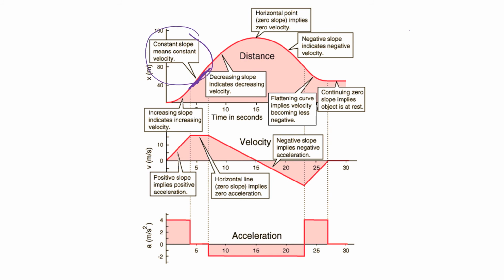So this is a constant slope. If you have a constant slope, that means your distance is increasing at the same rate. So the change in distance over time is constant. This means it has a constant velocity. So if you have a straight part on your distance time graph, that means you have constant velocity.